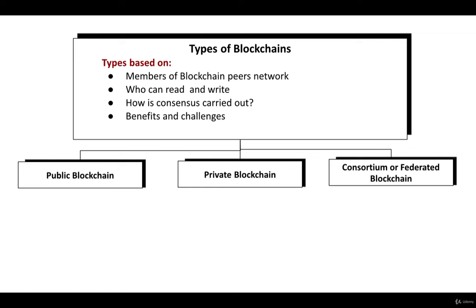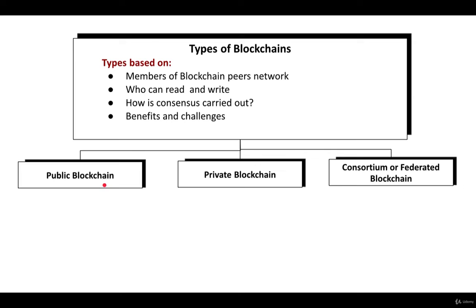And public blockchain has another major advantage, that it will provide a way to protect the users of the application from other developers. So developers have no authority over the public blockchain because it's open to everybody. And the typical examples of public blockchain: Bitcoin, Ethereum, Monero, Dash, Litecoin, Dogecoin, etc.